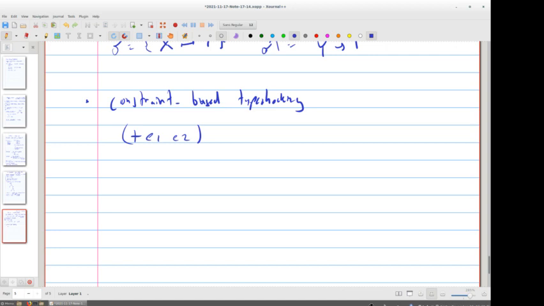The normal strategy would be to type check E1 and E2, make sure they're both num, fail if they're not, and otherwise the whole thing is num. But in constraint-based type checking, we just record the constraints as we go along. You type check E1 to get some type T1, and type check E2 to get some type T2, and then you record constraints saying that T1 should be equal to num, and T2 should be equal to num.